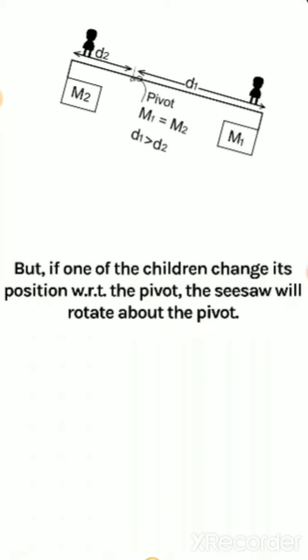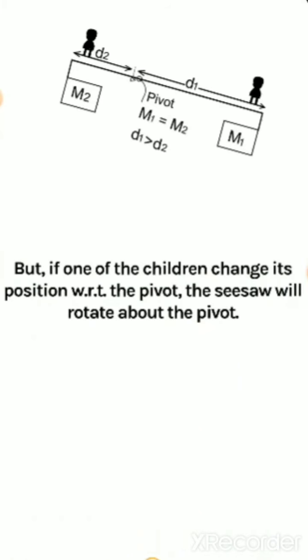But if one of the children changes position with respect to the pivot, the seesaw will rotate about the pivot. Here you can see that d1 is greater than d2. That means the distance of the right hand side boy from the pivot is more compared to the left hand side boy.